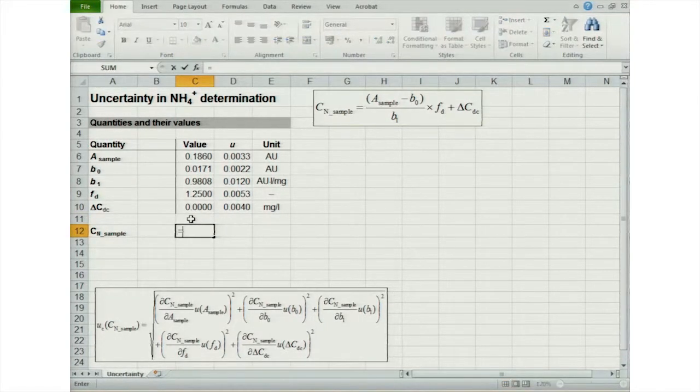This means that, first of all, from A sample, we subtract B0. Then we divide this by B1. Then we multiply this by the dilution factor. And finally, we add here the delta CDC, which, if you remember, takes into account some additional uncertainty sources.